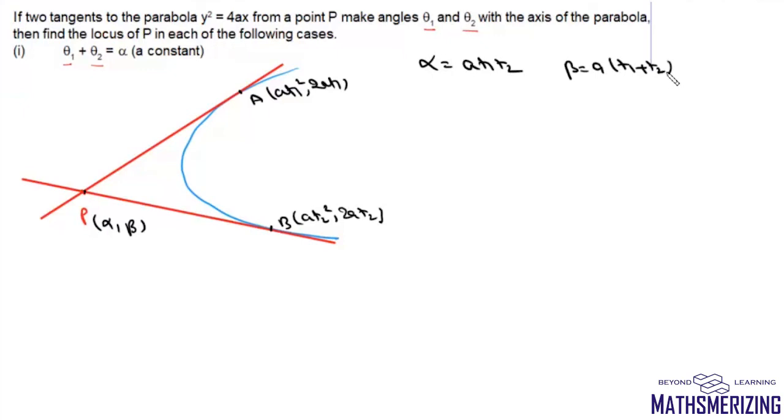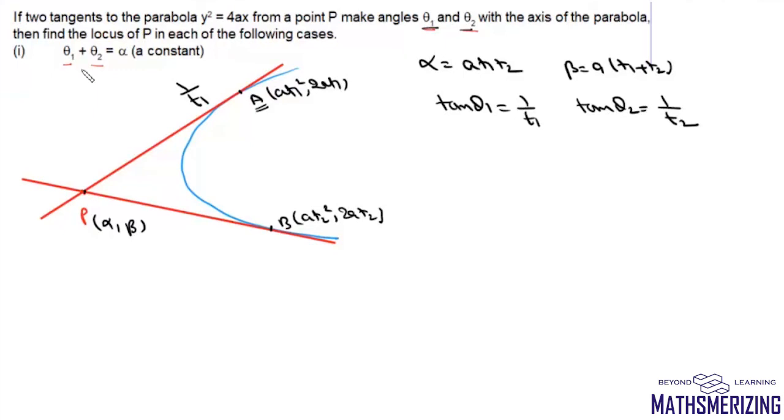Now it says these two tangents make angles theta 1 and theta 2 with the axis of parabola. So if tangent is drawn at A, we know that the slope of tangent is given by 1 upon t1. So that means tan theta 1 is 1 upon t1 and tan theta 2 is 1 upon t2.